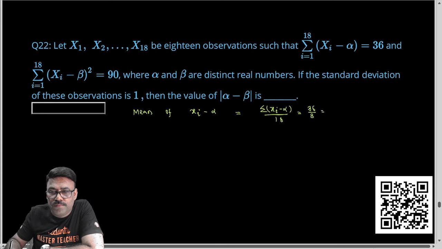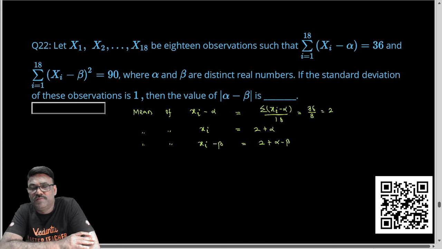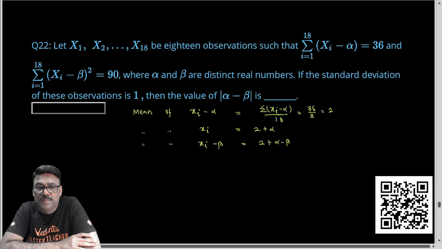So it is 2. So what will be the mean of xi? Just add alpha here. The mean of xi will be 2 plus alpha. Now what will be the mean of xi minus beta? Now subtract beta here. So 2 plus alpha minus beta. So the mean of xi minus beta is 2 plus alpha minus beta.